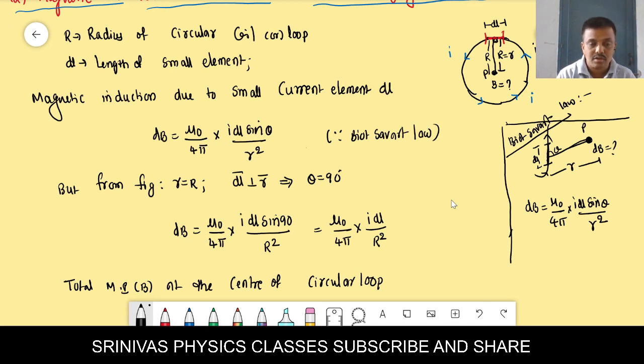We cannot take it as a tangent, but it is a small element. A tangent touches at one point and is a straight line. It touches at one point on the circle. But this is not a tangent.